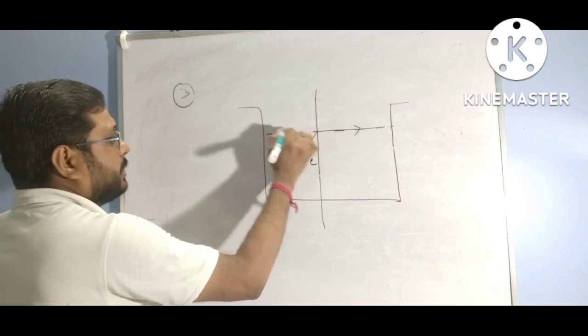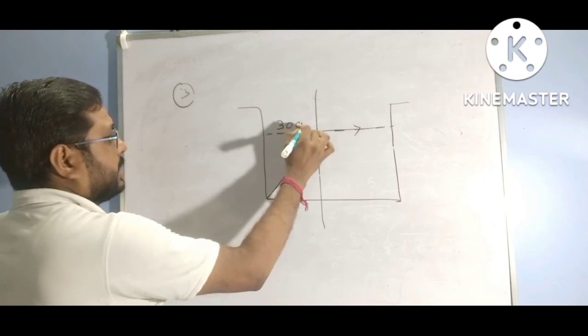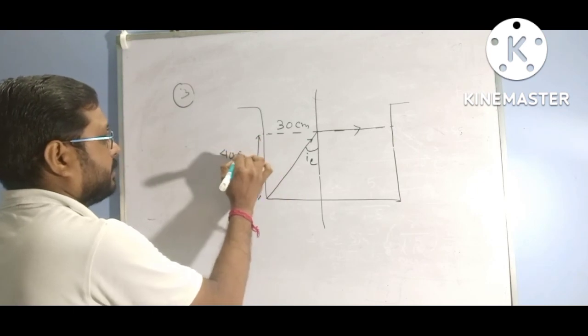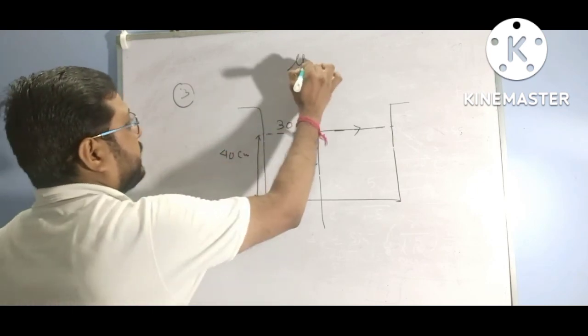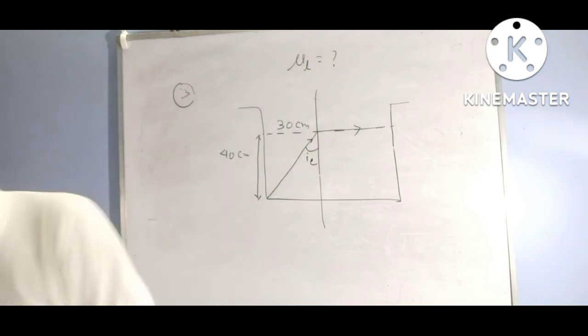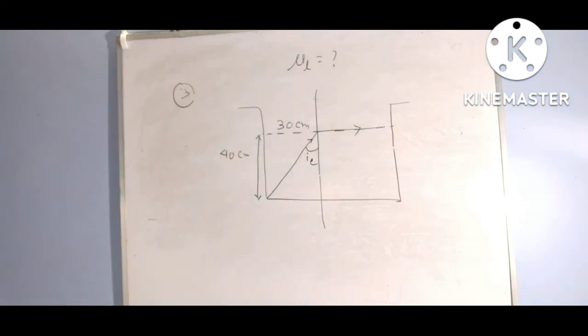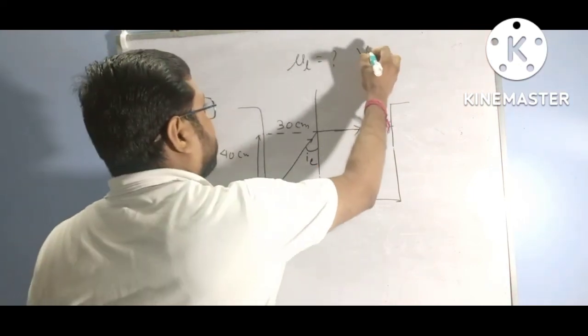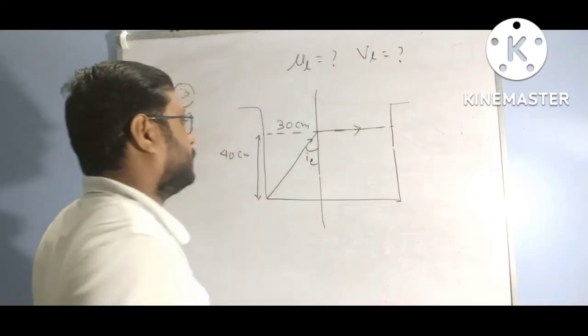Now this value is 30 cm and the height of the liquid is 40 cm. Calculate the refractive index of the liquid, and also the velocity of light in this liquid.